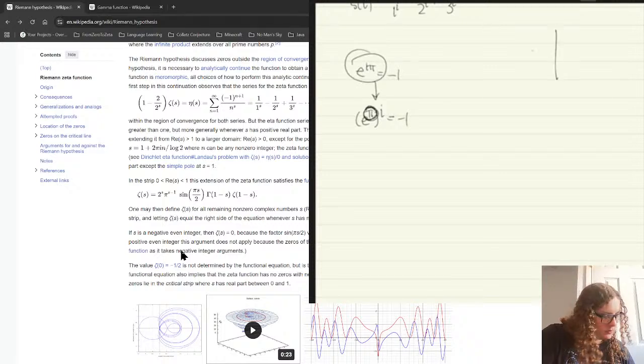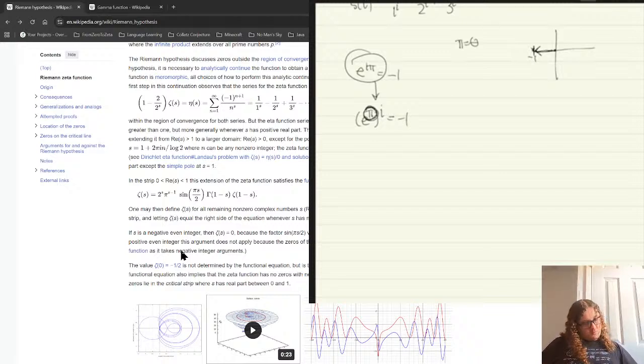So e to the pi I, well, pi is the angle, and then what's out in front, which is 1 in this case, is the radius. So it literally just points to -1 here.